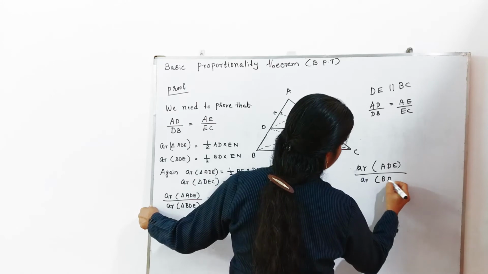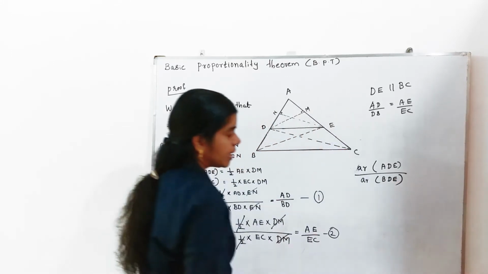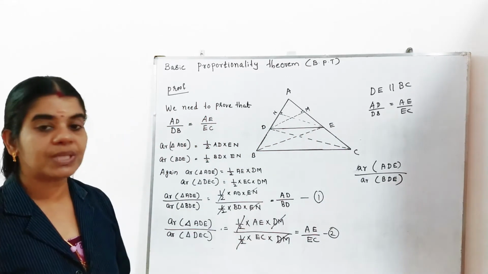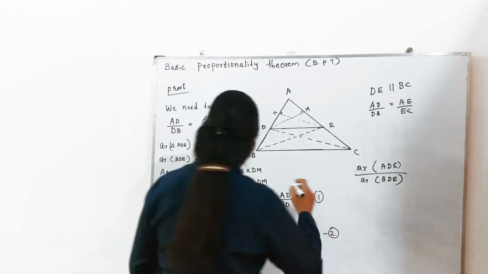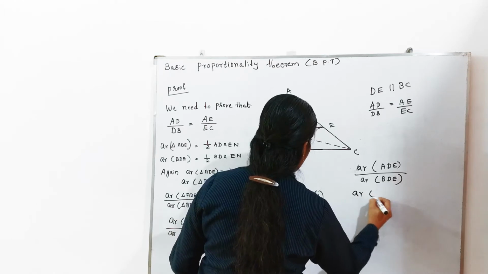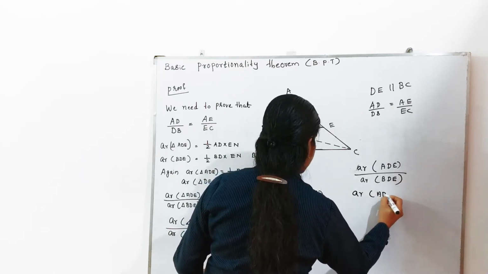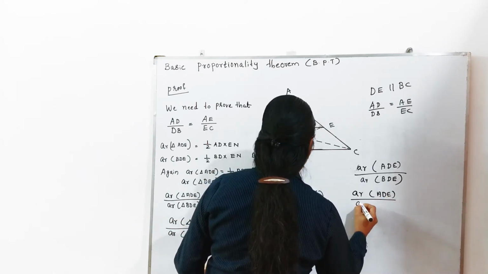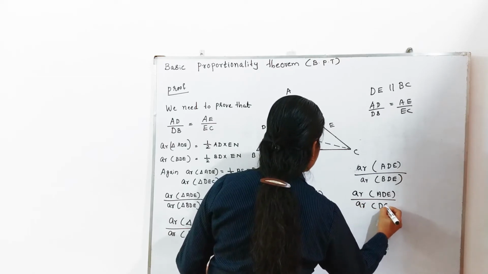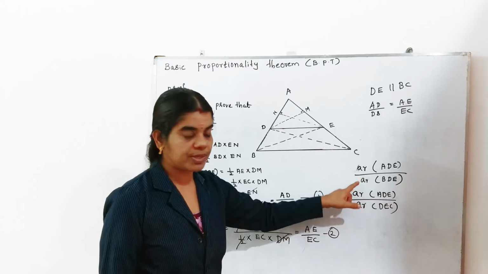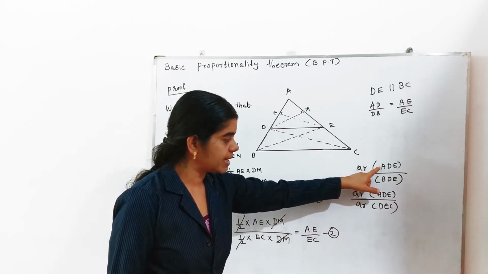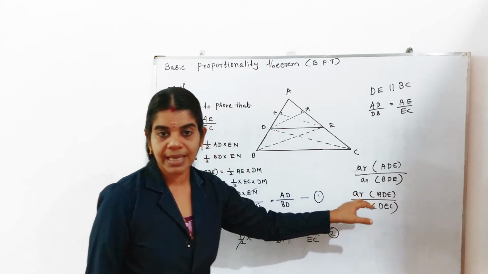Then the next one is area of the triangle ADE by area of the triangle DEC. What about these two? In the top of the equation, both are the same. Area of the triangle ADE, here also area of the triangle ADE.